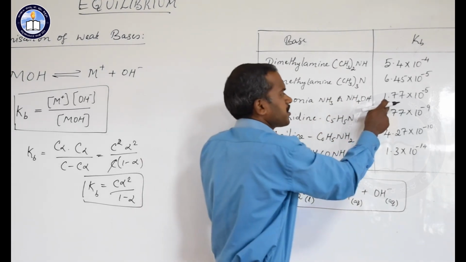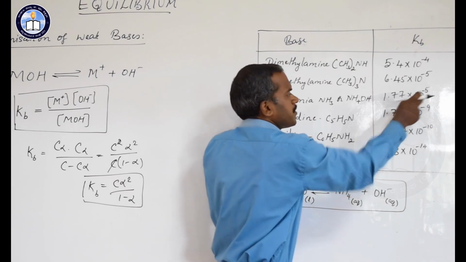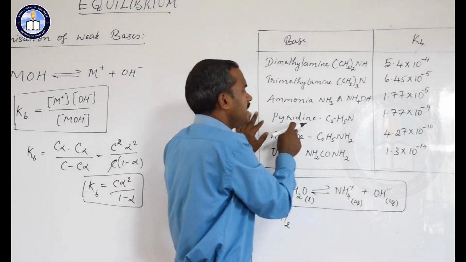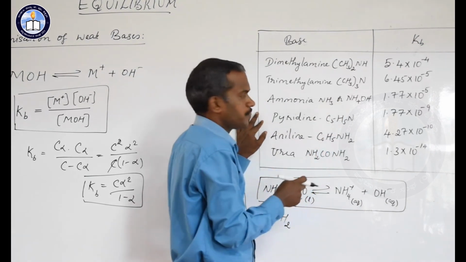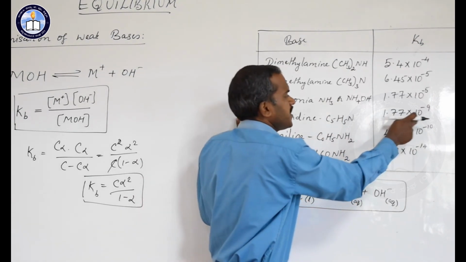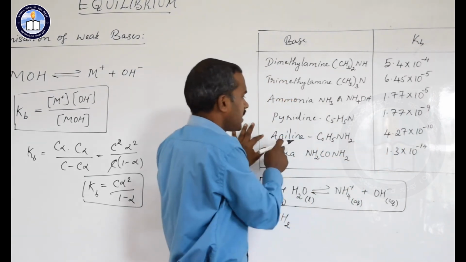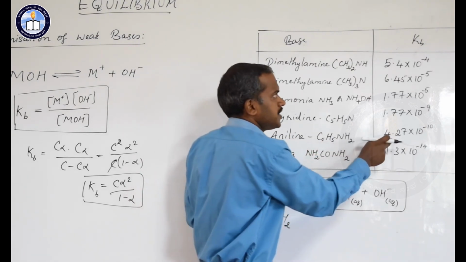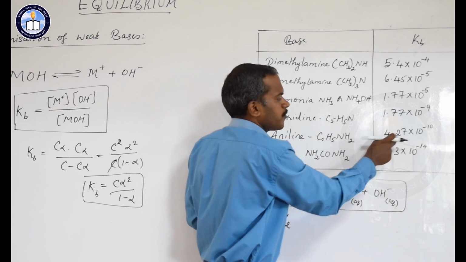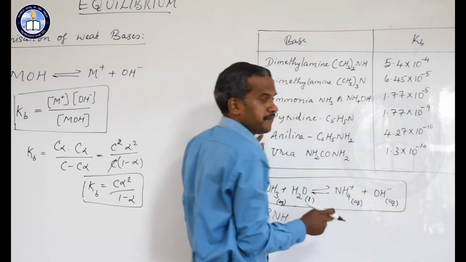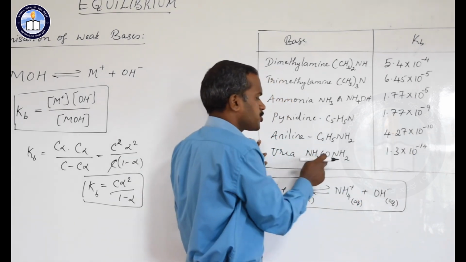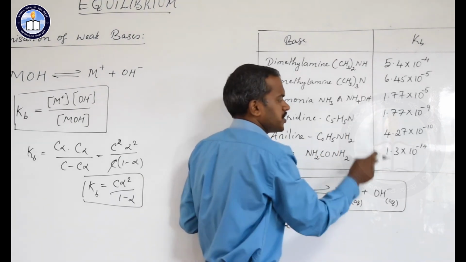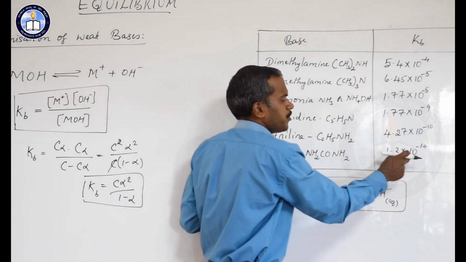Its dissociation constant is 1.77 into 10 to the power minus 5. Pyridine, it is also a derivative of nitrogen, 1.77 into 10 to the power minus 9. Aniline, an aromatic amine, C6H5NH2, dissociation constant 4.27 into 10 to the power minus 10. Urea, NH2CONH2, the dissociation constant is 1.3 into 10 to the power minus 14.